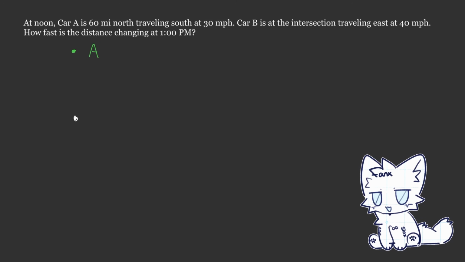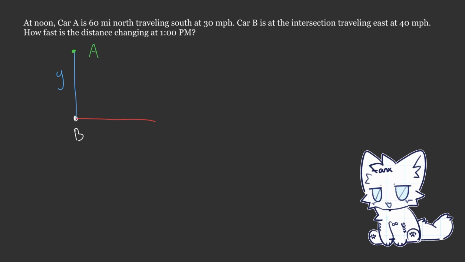Let's label our axes. This can be blue, Y, and it's traveling east. Car B is at the intersection and is traveling east at 40 miles per hour.